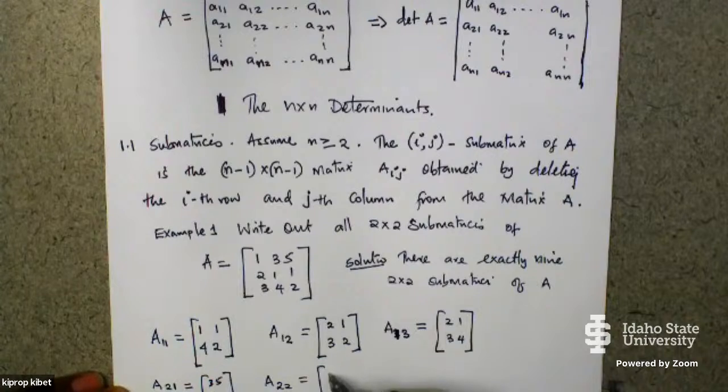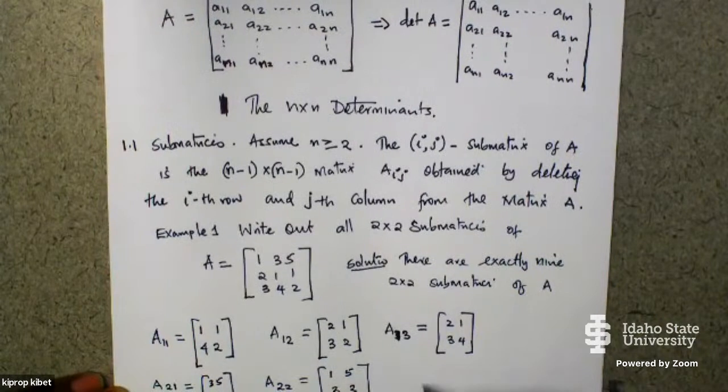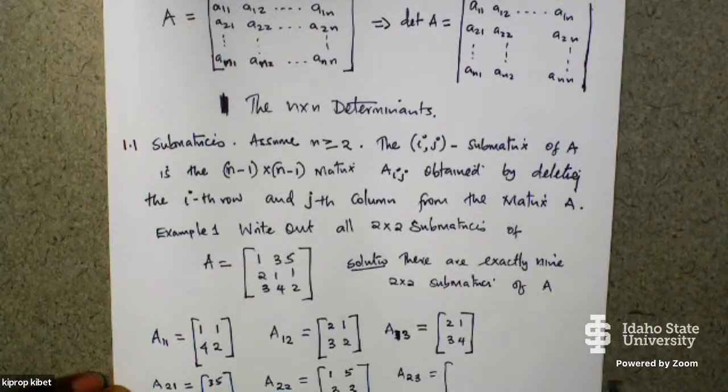What remains is 1, 5, and then 3, 2. A23, the same way, delete the second row and the third column. What remains is 1, 3, and then 3, 4.